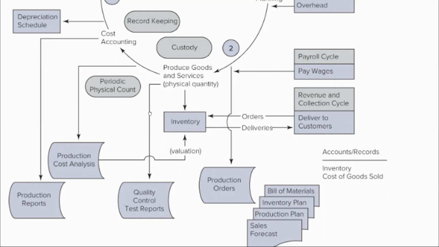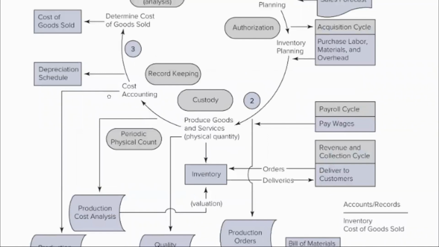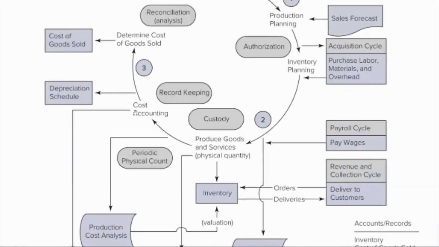Relating to cost accounting, if we go up to section 3, here is where we have the cost accounting, where we're keeping those records of the costs that are associated with producing that inventory. Some things that we're going to have here are a standard cost. That's like our estimate of how much it should cost to produce these goods. And we're going to want to compare that with how much it actually costs to produce those goods. That will help us to determine how well we're doing in the production process.